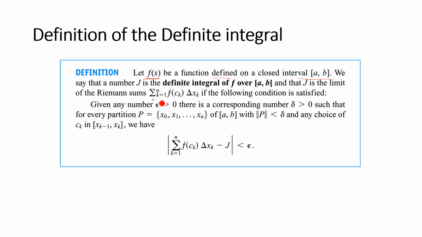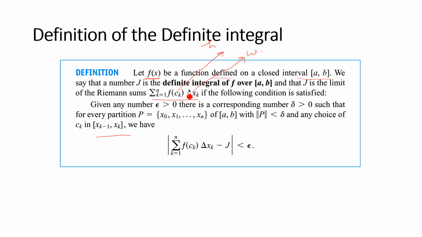And you are familiar with Riemann sums. This is the height of the function at some point c_k in the kth interval [x_{k-1}, x_k], and this is the width of the interval. This is the height, this is the width of the interval, or the width of the kth rectangle.